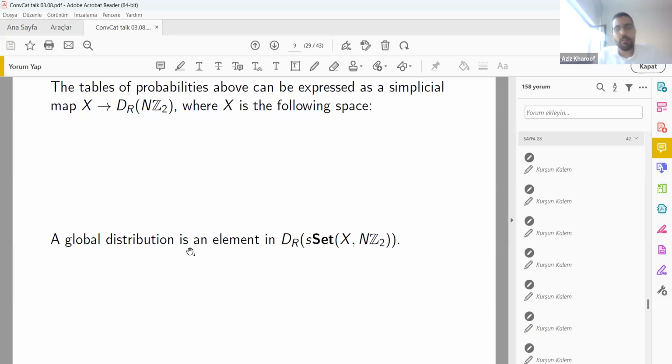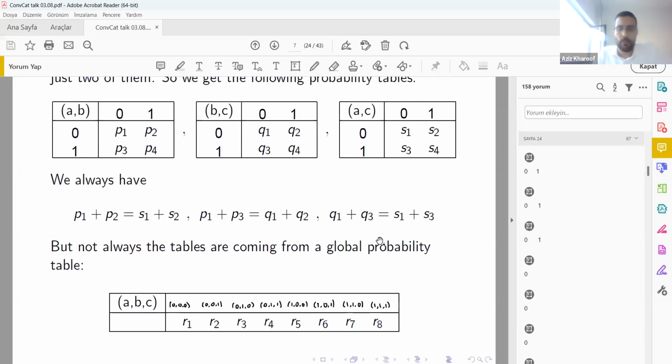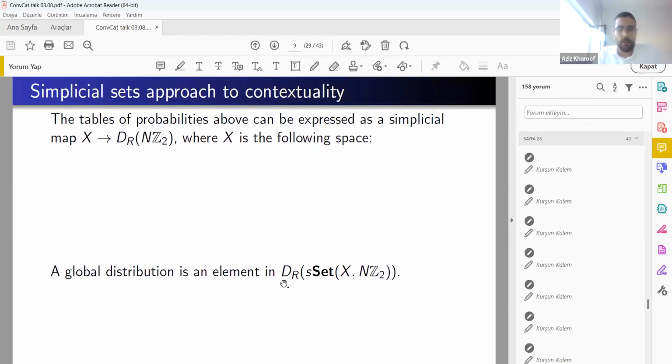Now the global distribution, this is the table I wrote in the bottom, this one. One can convince oneself that this is exactly the distribution of all the simplicial maps from X to the nerve of Z2, in the category of simplicial sets.